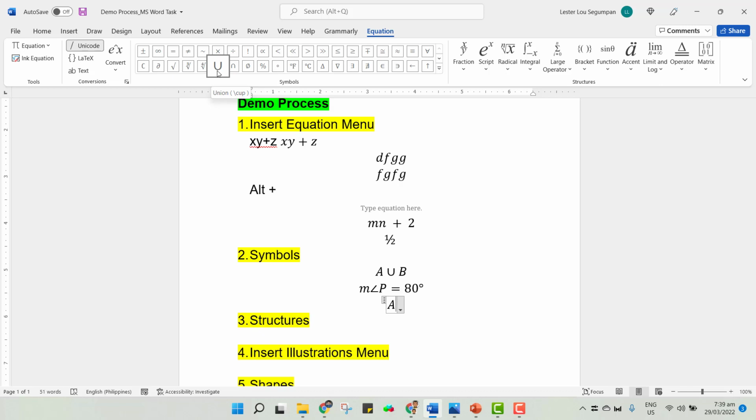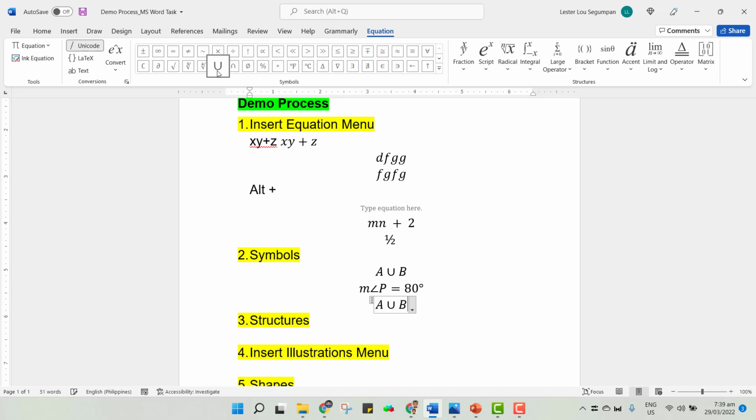Instead of clicking that, I type forward slash cup, C-U-P, and press space bar. When I press space bar, that automatically changes to the union symbol. Again, forward slash cup, space bar, and automatically union.